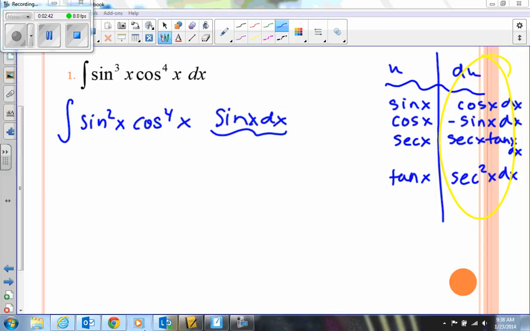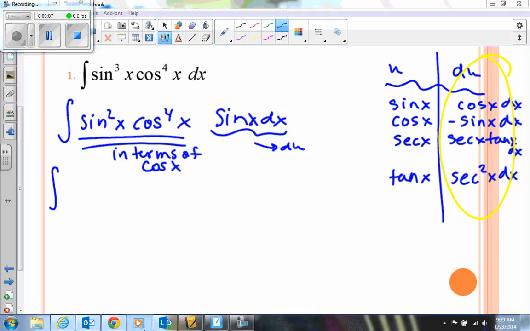So now that I have this pulled out for my du, I want to get all of this part in terms of what? In terms of cosine x. So I want to get all cosines over here now. Does that make sense?